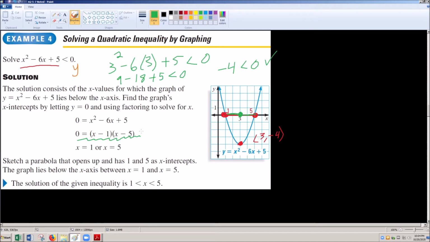Just keep in mind that if it doesn't, we're definitely going to want to solve algebraically first. So the way we write our answer is x is less than 5, but greater than 1. The reason it's strictly less than and strictly greater than is because this is not a less than or equal to.